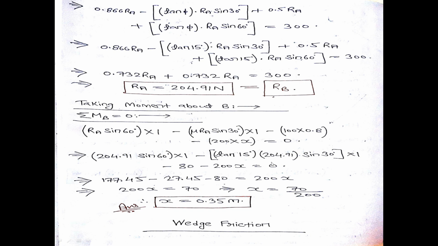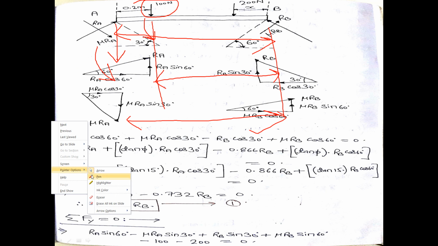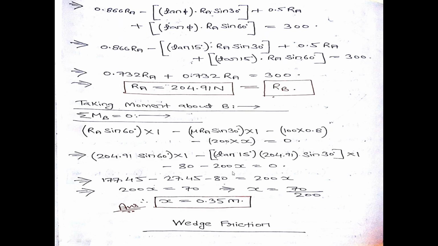So you can see minus 100 into 0.8. Next is the moment due to this force, that is 200 Newton, that is 200 into this distance, 200 into x. Again it is creating anti-clockwise moment, so I will take it as negative. So minus 200 into x is equal to 0.